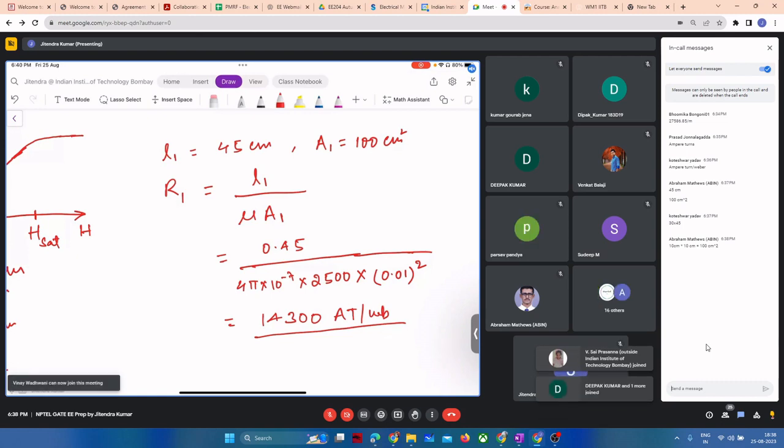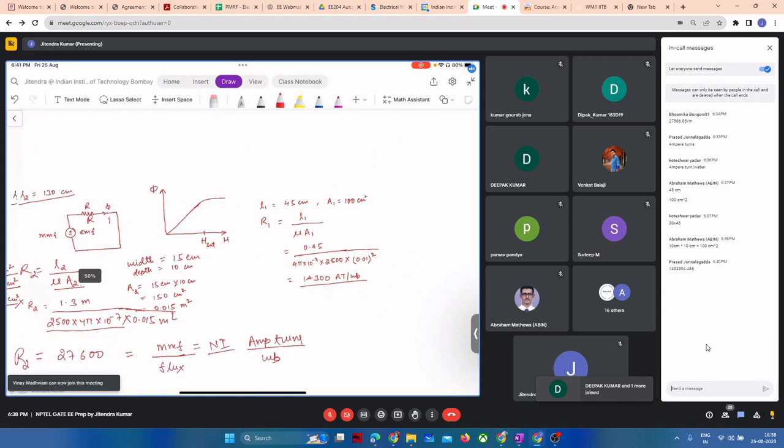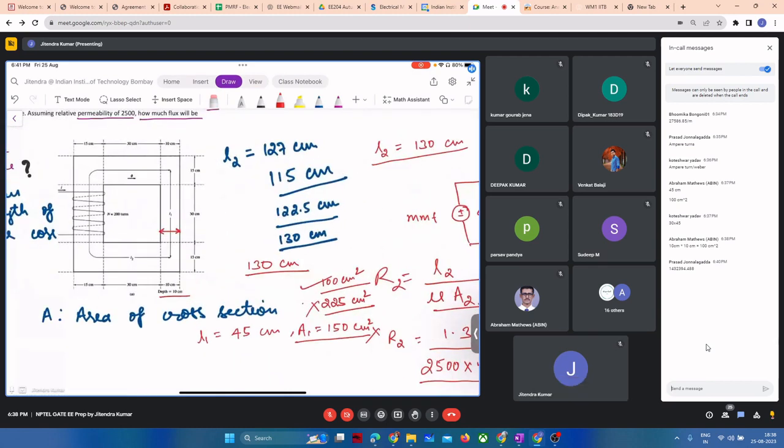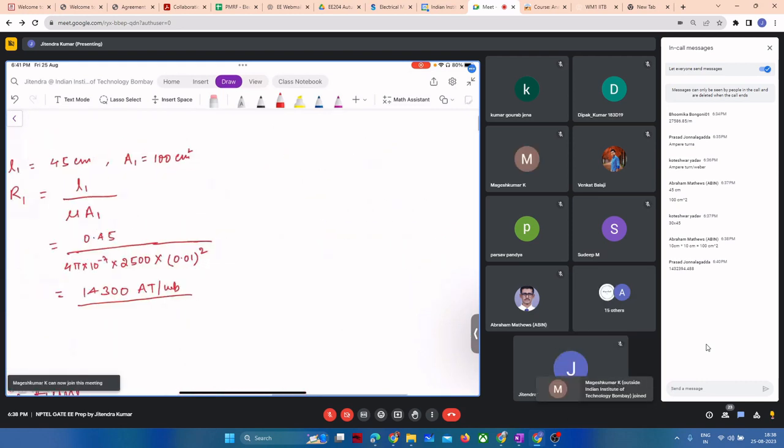Now we are done with the reluctance calculation of both sections. You can see that the reluctances of both sections are different, so that's why we computed them separately, and now we want to compute the flux.